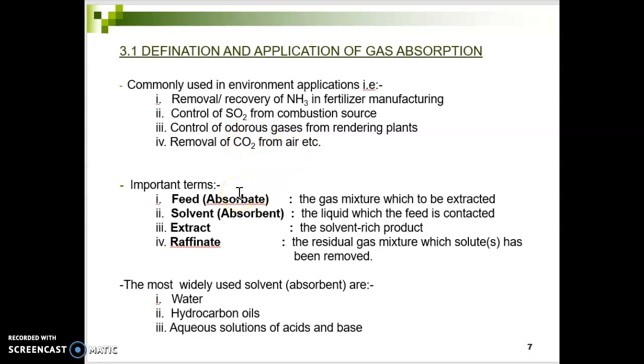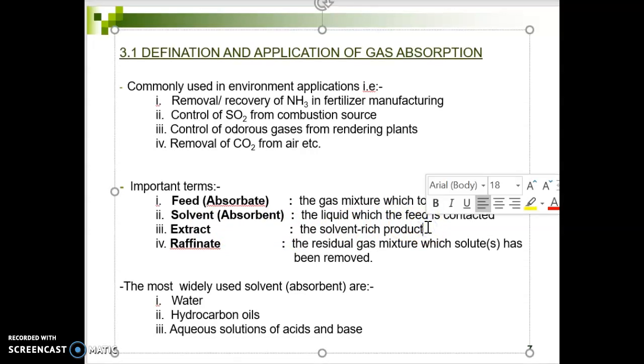The important terms that you need to know are these four things. We have our feed, which exists as a mixture of gases, from which the solute needs to be extracted. Our solvent, the absorbent, is the liquid, which is your C. The extract is the solvent-rich product.